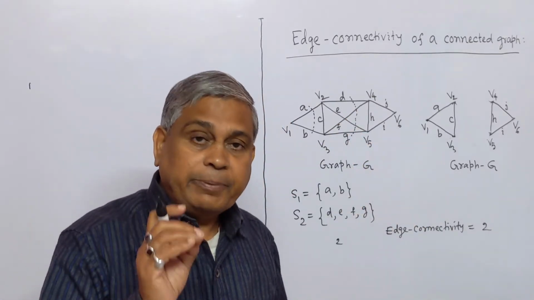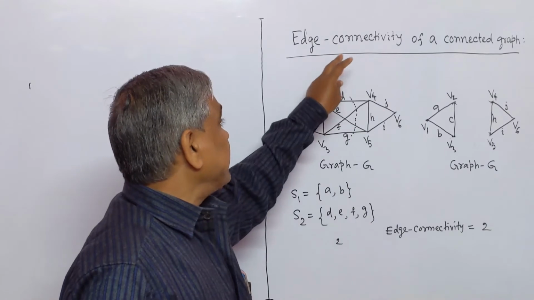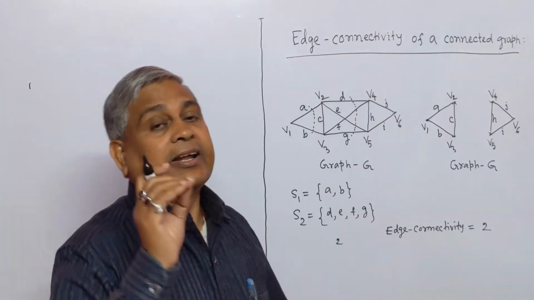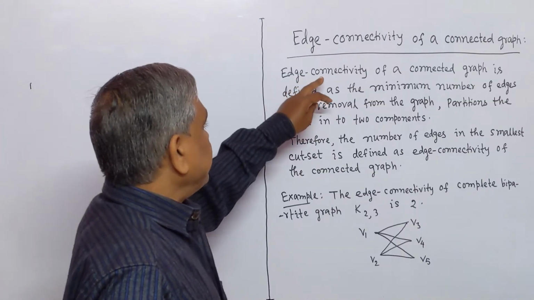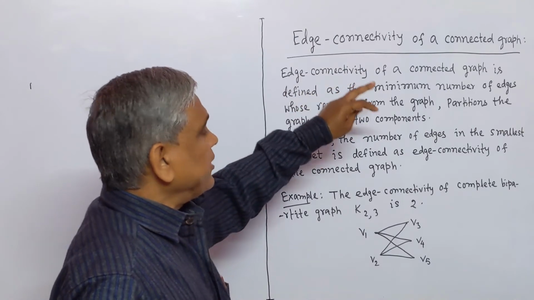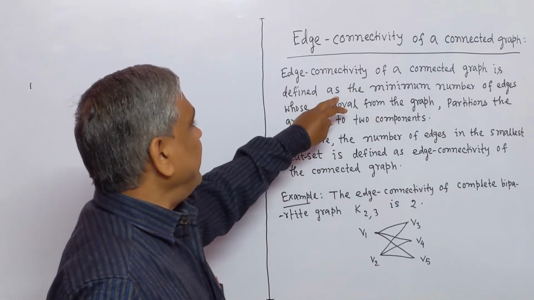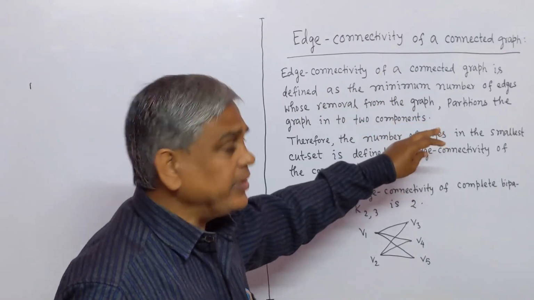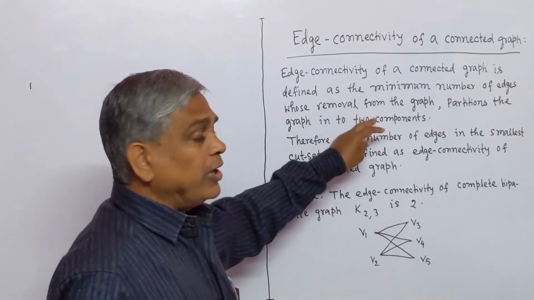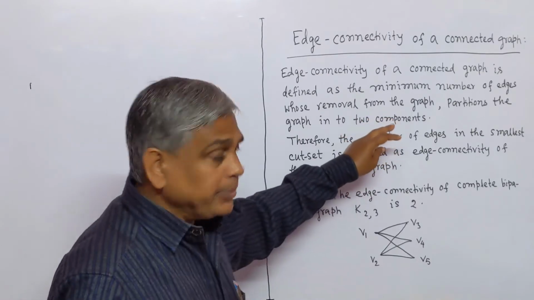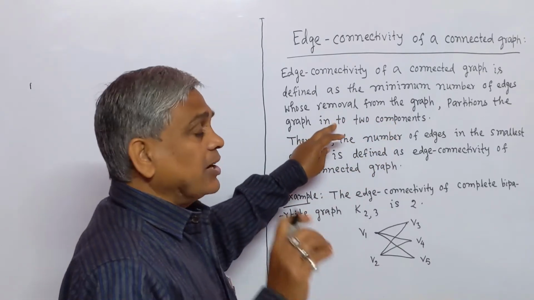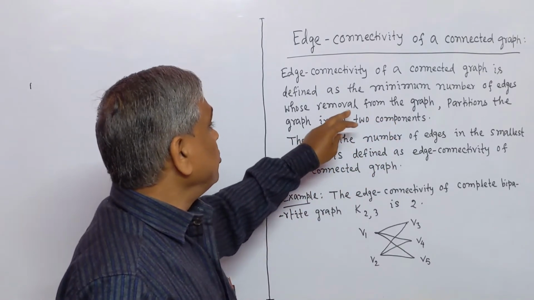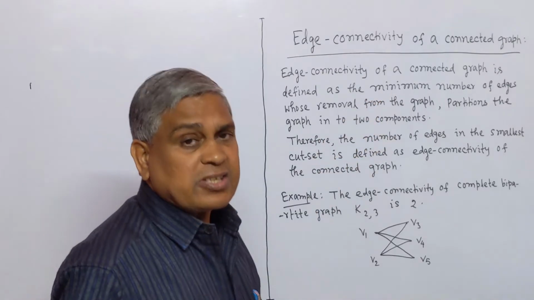Now we define edge connectivity of a connected graph. Edge connectivity of a connected graph is defined as the minimum number of edges whose removal from the graph partitions the graph into two components.